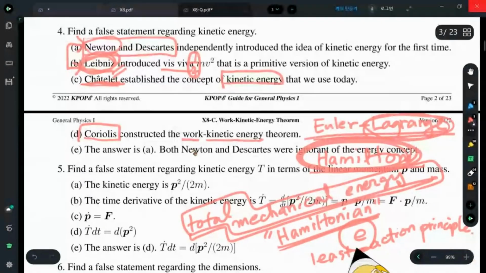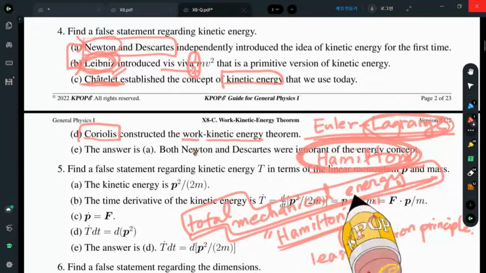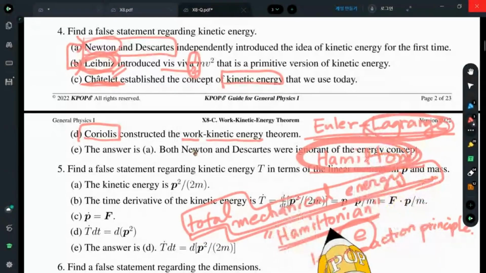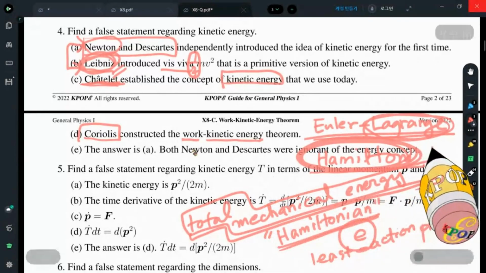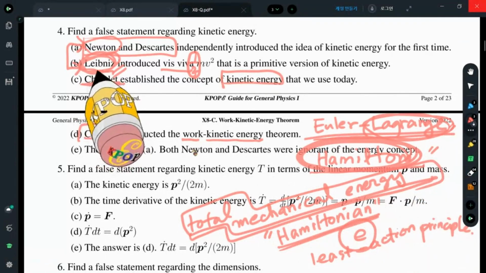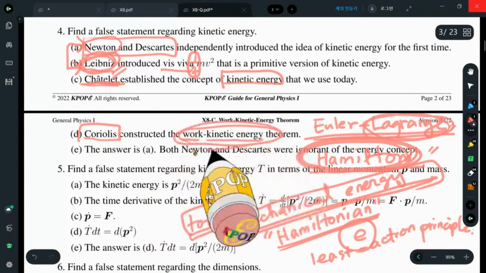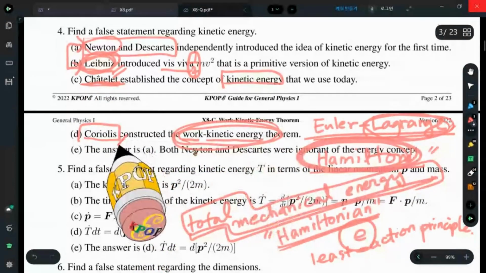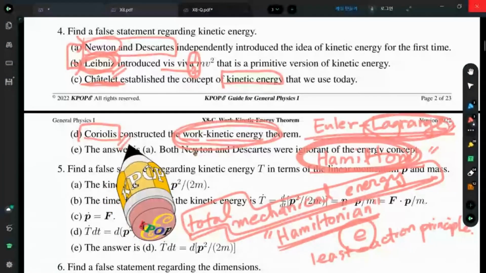You do not have to know this very well right now, but Lagrange and Hamilton were well acquainted with the concept of energy, and we are indebted to Hamilton and Lagrange for the current formulation of classical mechanics. And all the development was made by Leibniz and Châtelet, and the word kinetic energy that we learn today was constructed by Coriolis, who is very famous for the Coriolis force.